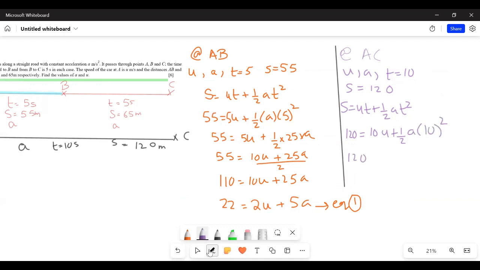So we get 120 equals 10U plus 100 upon 2 is 50A. Divide both sides with 10, so 12 equals U plus 5A. Okay, equation 2. Please solve these simultaneously and tell me what you get for A and U.